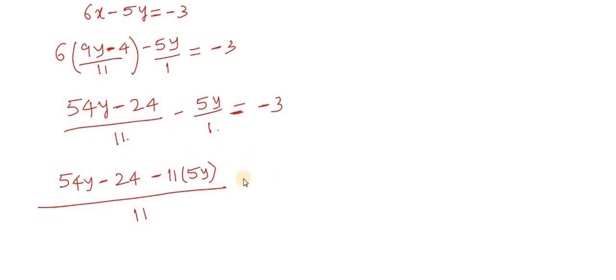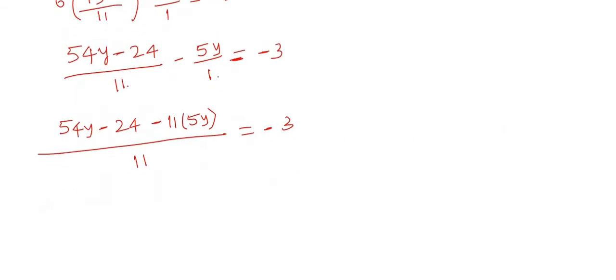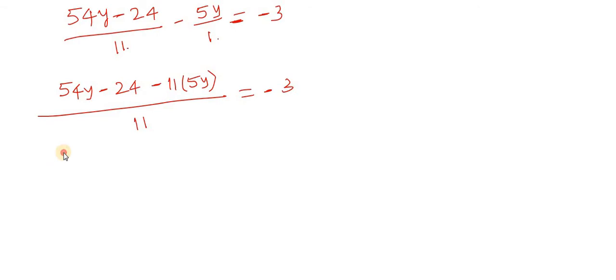Here I did the cross multiplication, which equals minus 3. So now simplify. So 54y minus 24 minus 11 into 5, 55y, which equals minus 33.